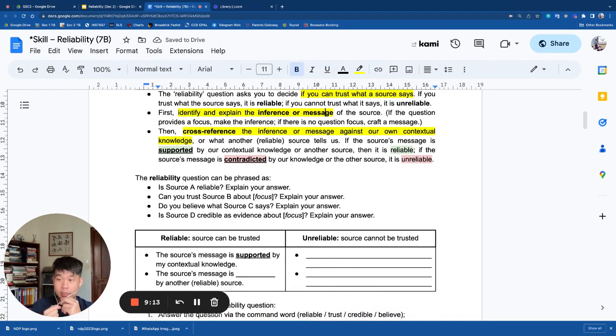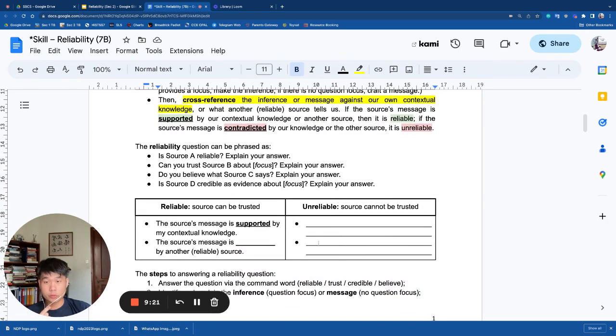I have gone through the phrasings or the framings and the craftings of reliability questions. You can look at these for examples, and I want you to move to this box. When the source is reliable, in other words, the source can be trusted, it's because the source is supported by my own knowledge, or supported by another reliable source.